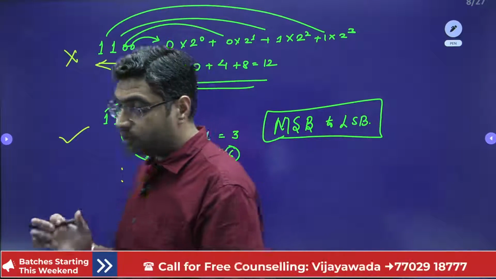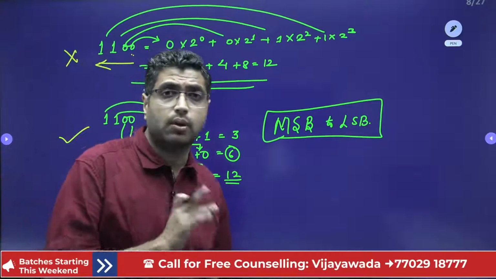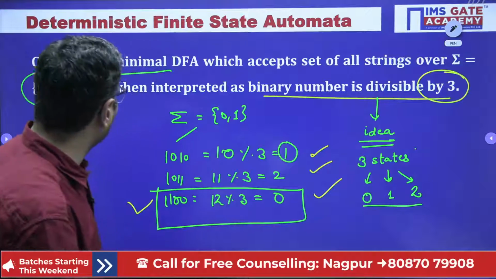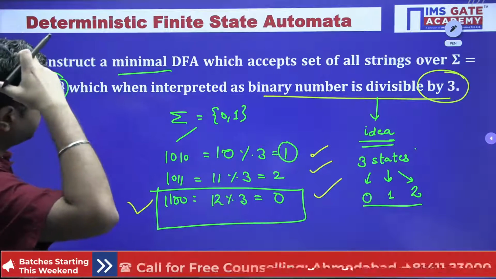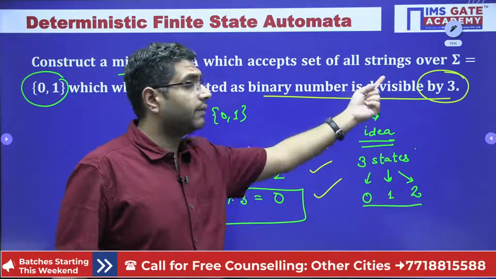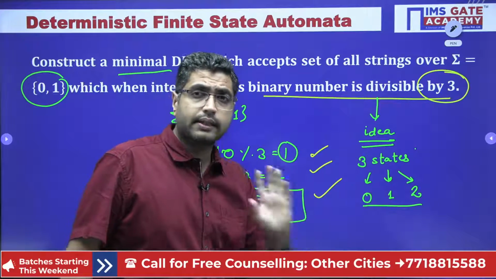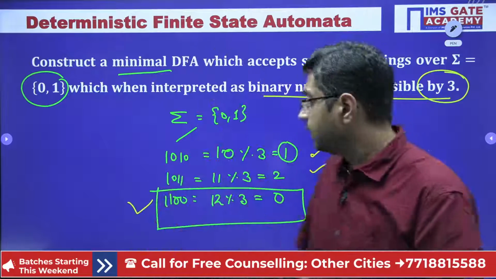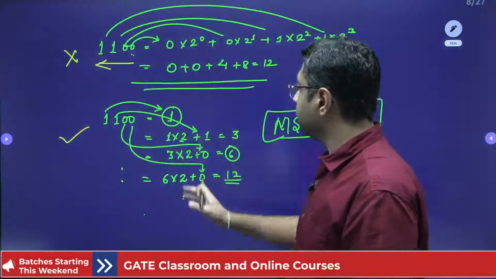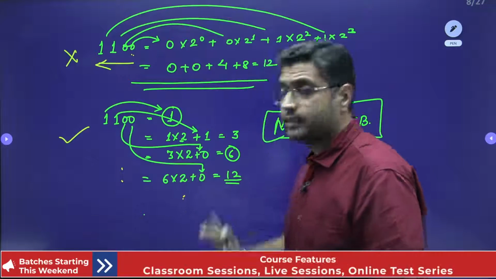Now you have all the necessary information to solve this question. What is the information that you require? You require that you have 3 states, because the number is being divided by 3. 0, 1 and 2 are the 3 states that you require. That is one piece of information. The second is how to convert a binary number at runtime into a decimal number.